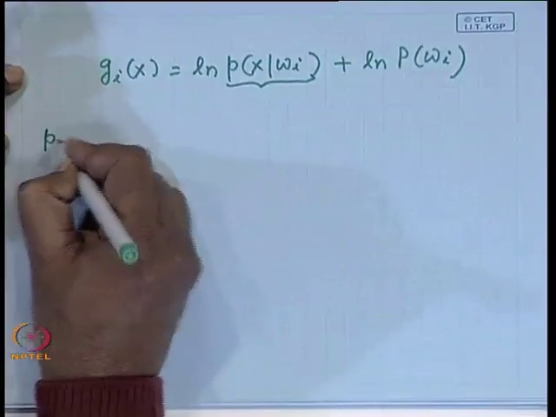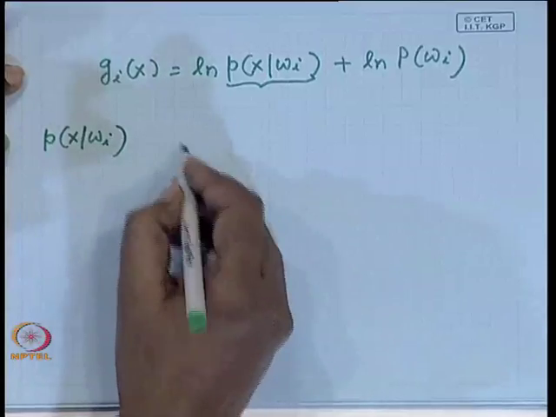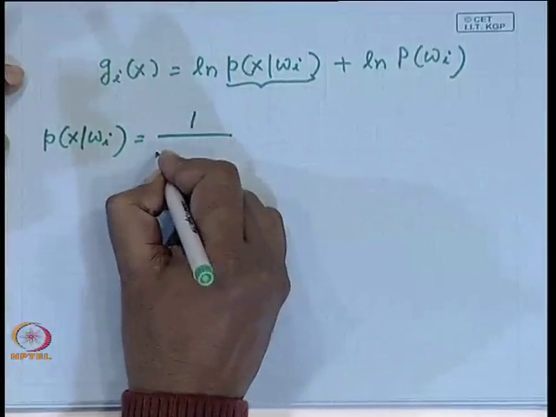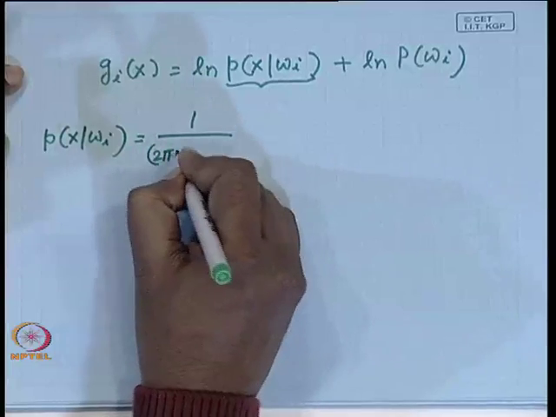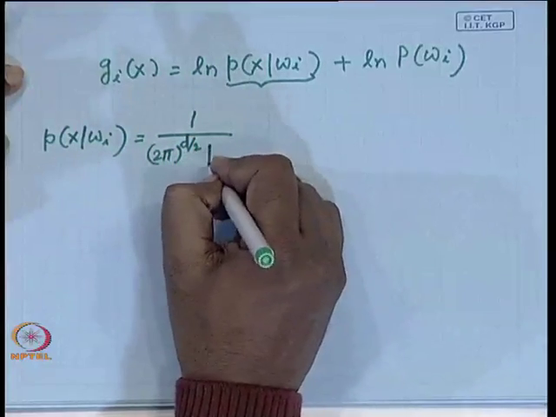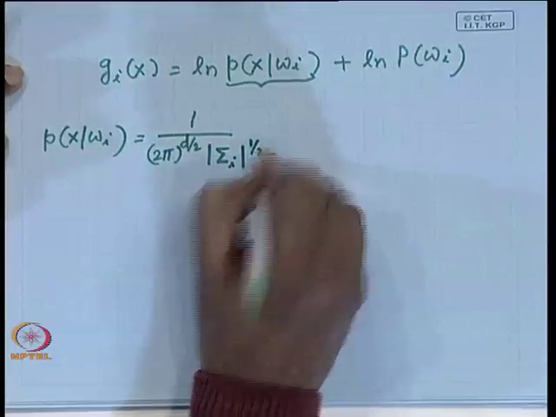So, the expression for the probability density function, if I write p(x given omega_i), is nothing but the same expression: 1 over (2 pi) to the power d by 2, then determinant of sigma_i to the power half.